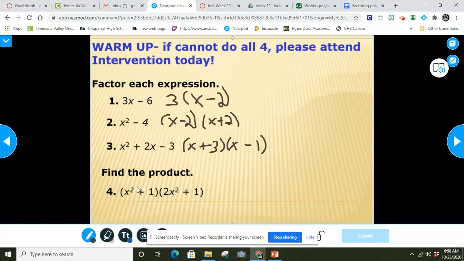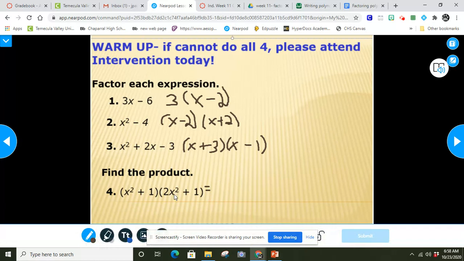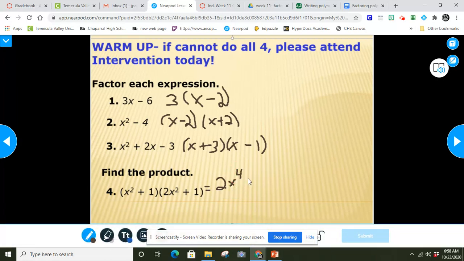Okay, now here we have a quadratic binomial times a quadratic binomial, and we just want to find the product. We want to FOIL this out. So x squared times 2x squared, that's 2x to the 4th. And then I get x squared times 1, that's x squared.